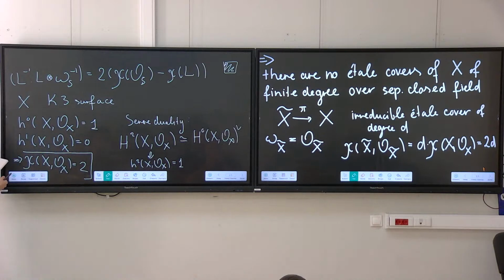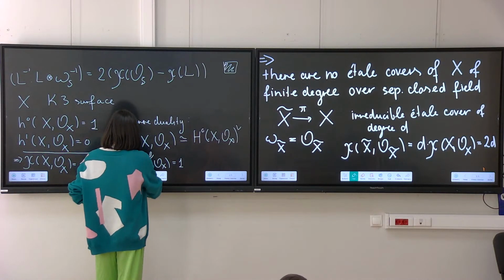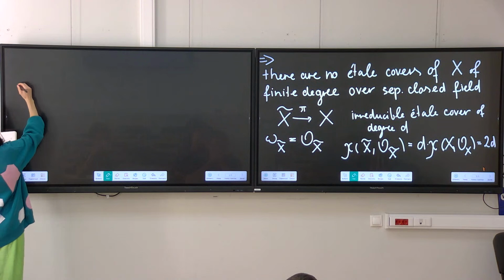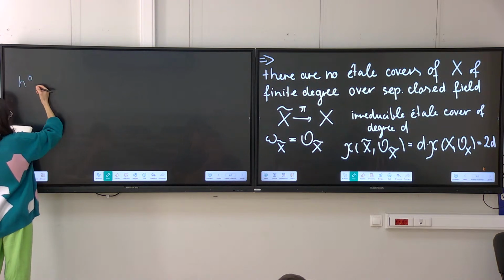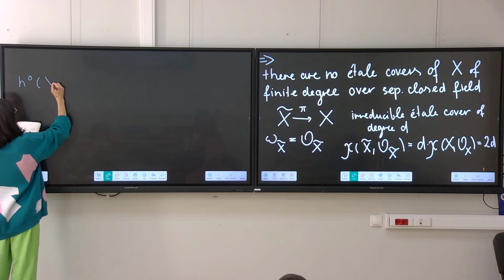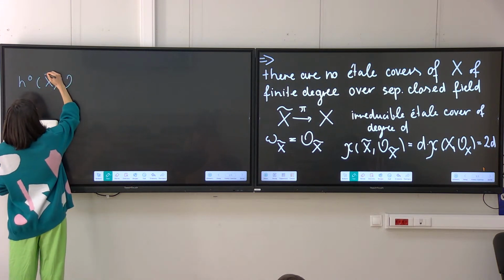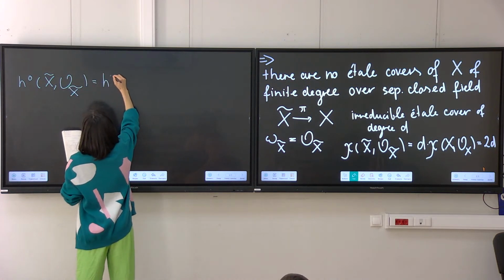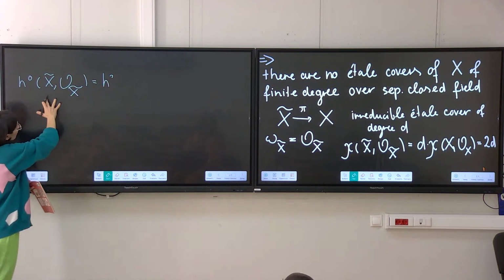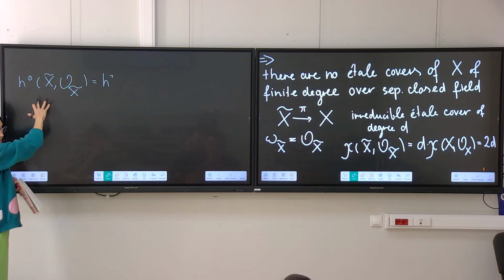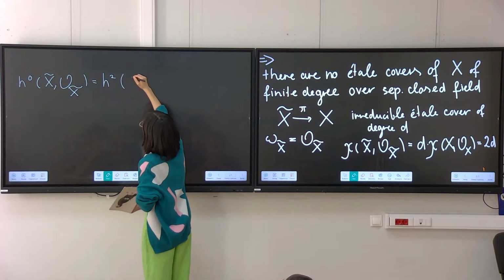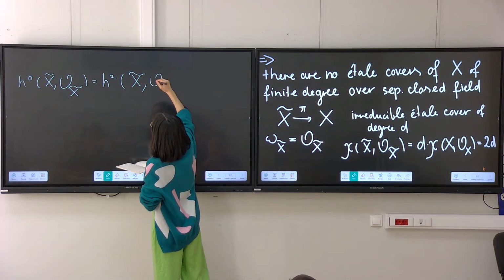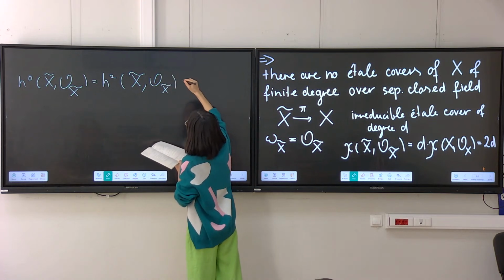Okay, and now how can we prove that D should be equal to 1? The global sections of X tilde will be, by Serre duality, this will be what? And this is equal to 1.